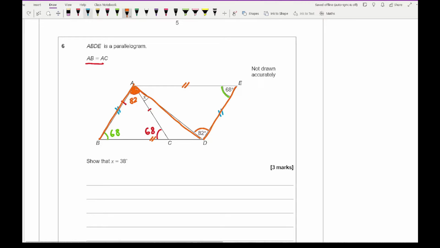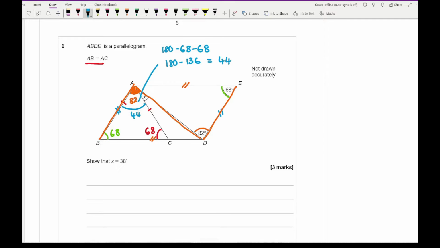Now we can then work out what this angle here is going to be by doing 180 minus 68 minus 68. Well, this is going to give me 136. So I've got 180, take away 136, and that's going to give me an answer of 44.